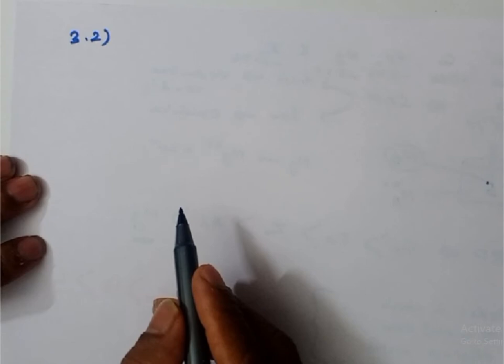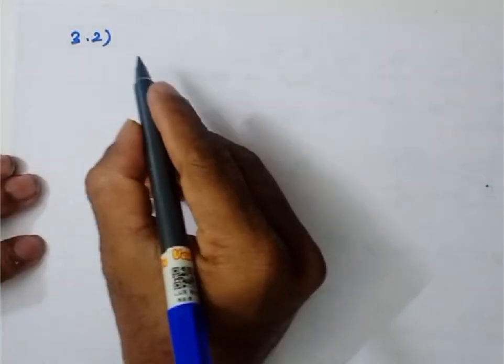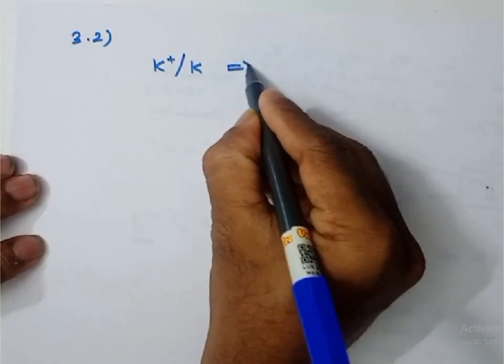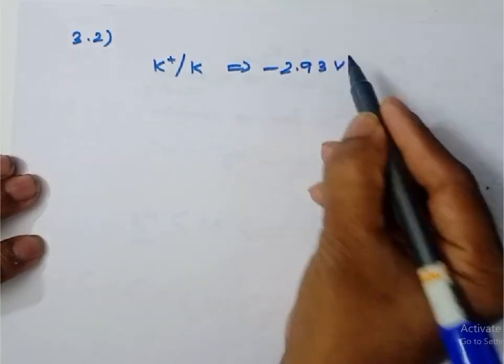Given the standard electrode potential, students, observe carefully. If they say electrode potential, it should be reduction potential only, but it is given clearly that K plus becoming K has an electrode potential of minus 2.93 volt.